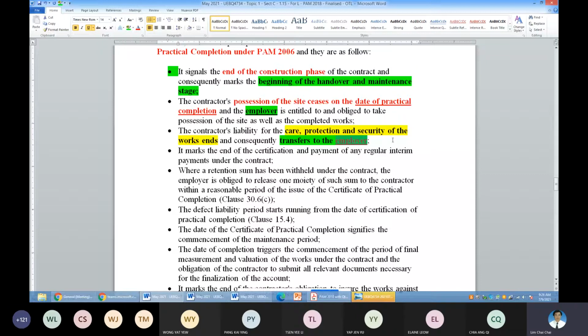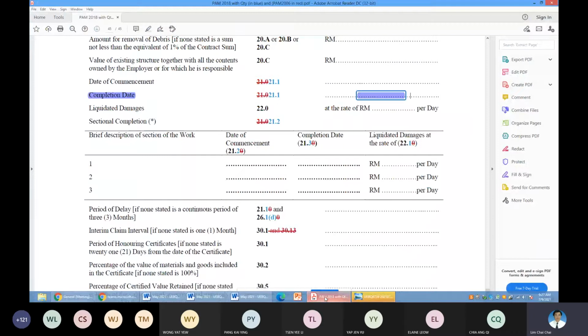So this is another important point on the regular certification and payment. I did mention to you the interim payment certificate. You see here, interim payment claim. So for this interim payment claim, as long as the project has not been issued CPC, repeat, as long as the project is not issued CPC, the contractor has the right to submit their interim claim at the interval stated here.